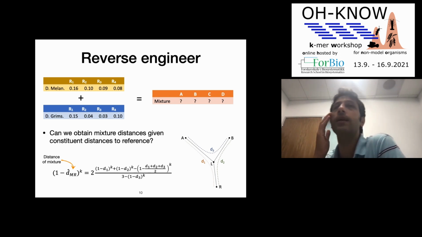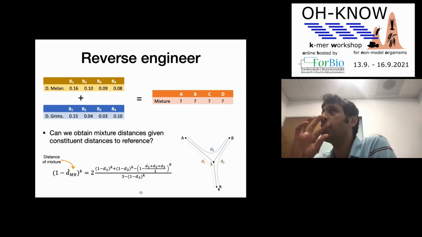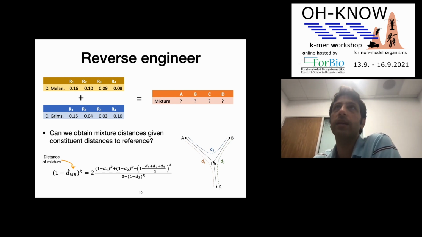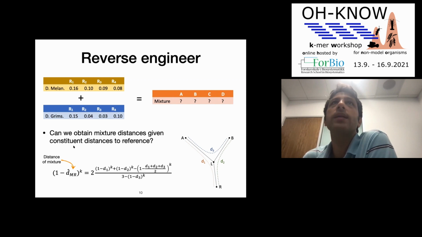I'm not going to go through the details. And this equation, don't worry about what it actually is. The bottom line is the following. If you have two constituent species A and B, and you have a reference R, those three things create a little phylogeny like this with three distances. I can compute the distance from the mixture right there.